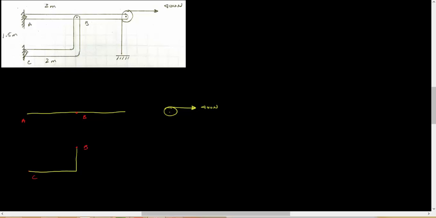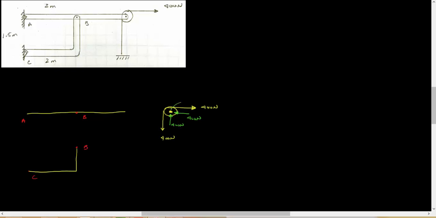I'm going to have 400 newtons going down. Now here, opposite and equal, I'm going to have a force acting right here, opposite and equal, so that's going to be 400 newtons, just by looking at equilibrium equations.